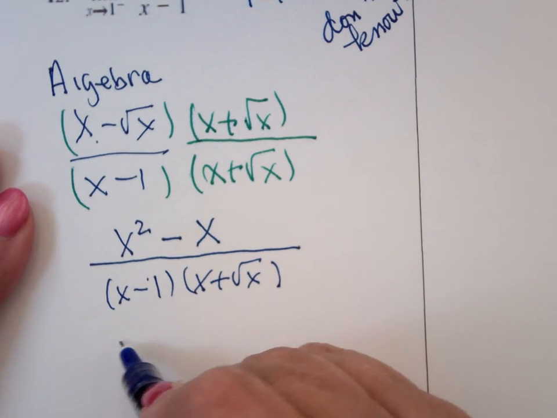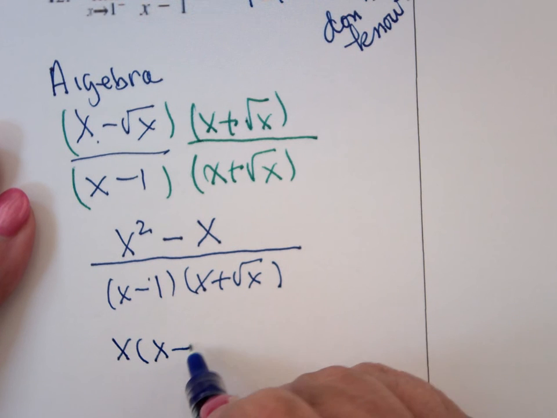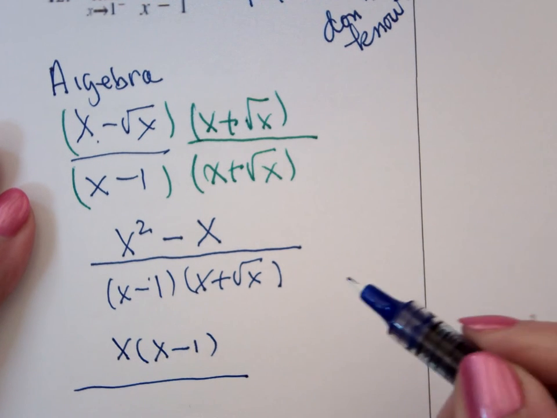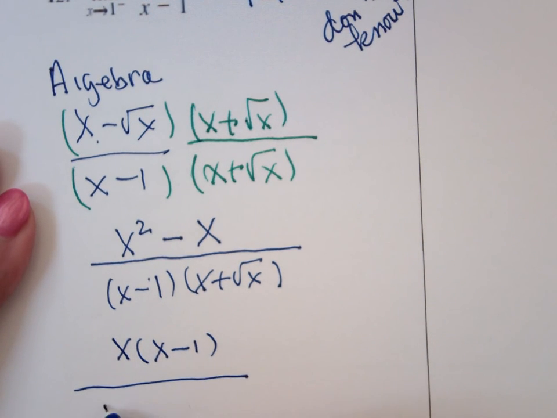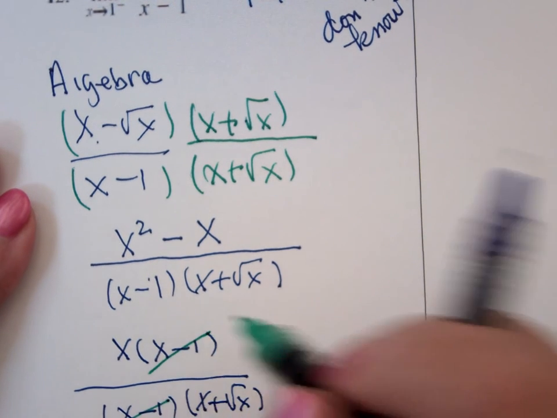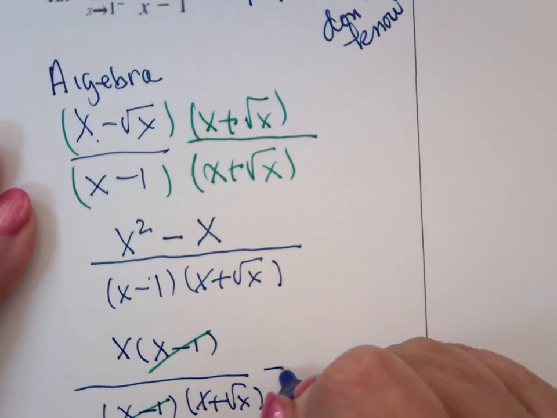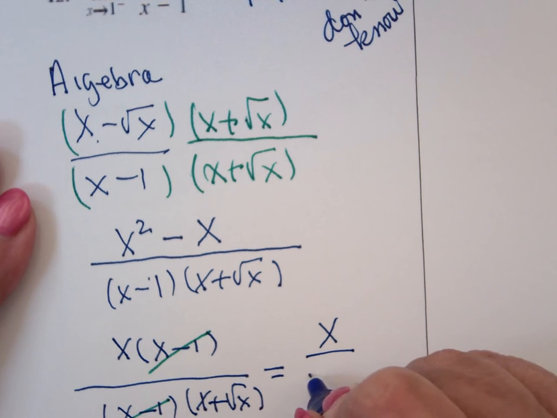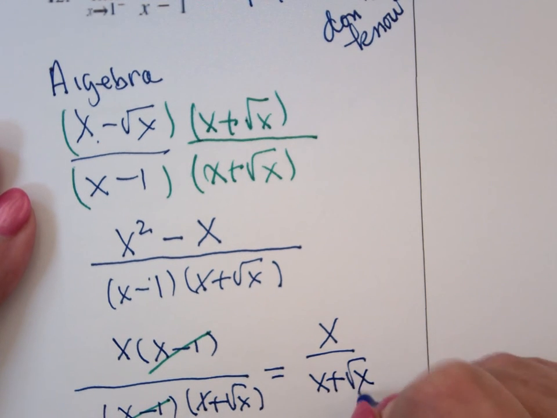So now factor out a greatest common factor of x. And I'm going to get x times x minus 1, over x minus 1 times x plus the square root of x. So this becomes x over x plus the square root of x.